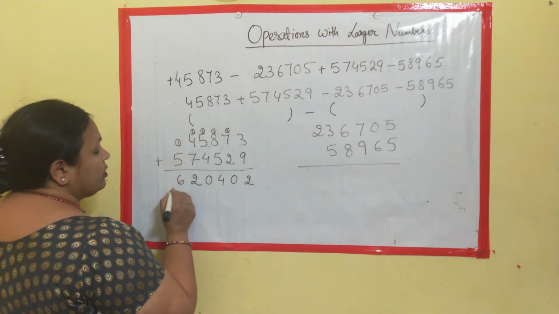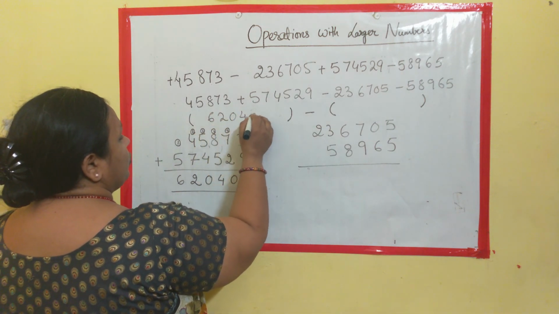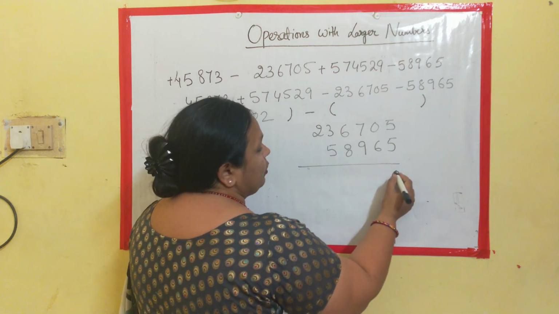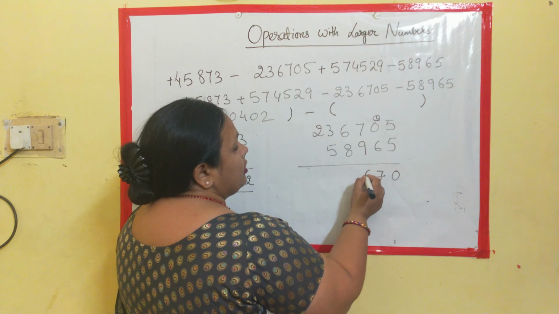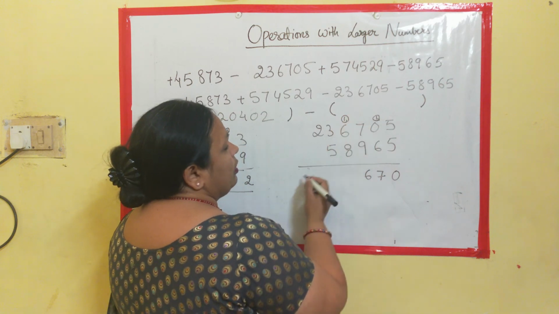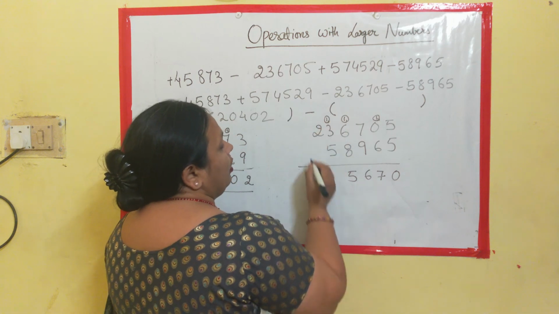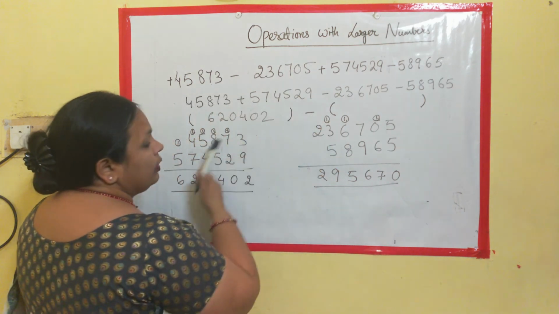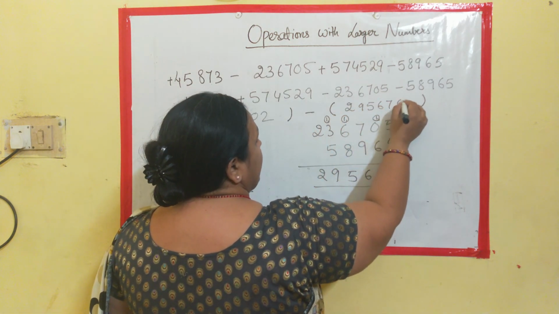So this becomes 6, 2, 0, 4, 0, 2. Here again adding 0 plus 1, 7. 8 plus 1 is 9 and 2. Now finally the answer is 2, 9, 5, 6, 7 and 0.